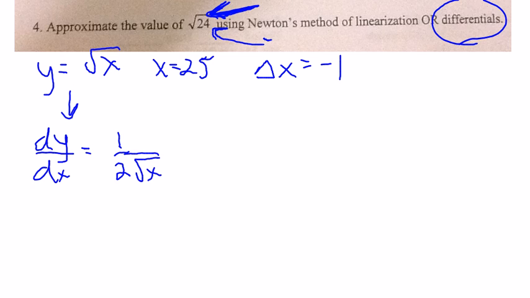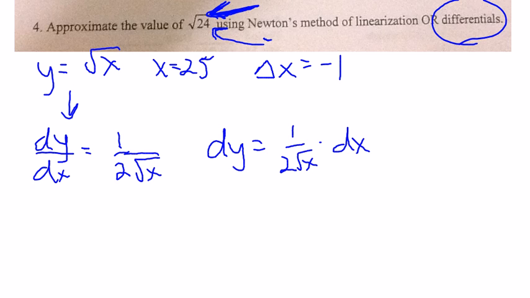So I've got 1 over 2 root x. So now what I'm going to do is rewrite that as dy equals 1 over 2 root x times dx.